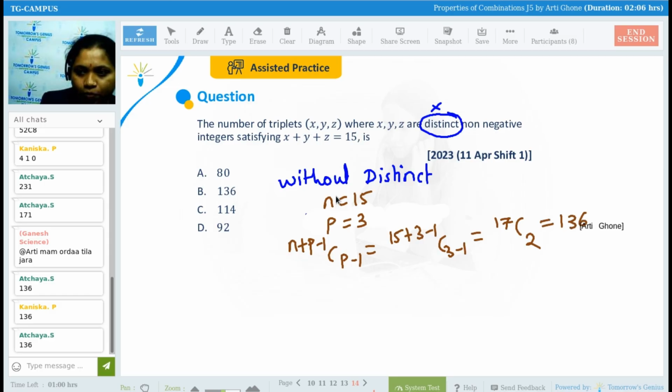Now pay attention. But these are the cases when the opposite is asked anytime. When the opposite cases are asked, what are you going to do? Now the distinct non-negative integers are satisfying this relation.